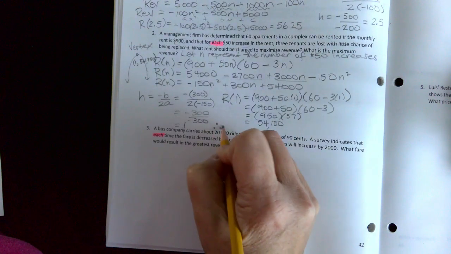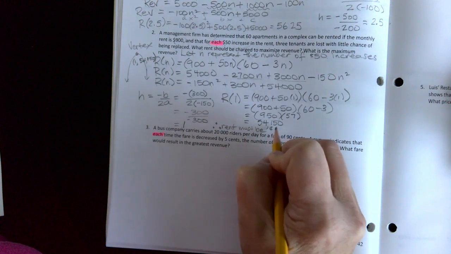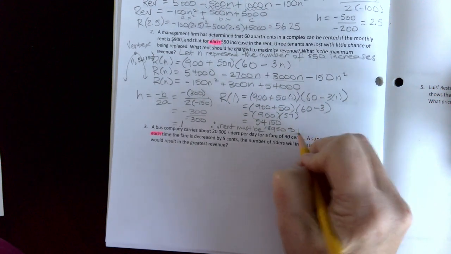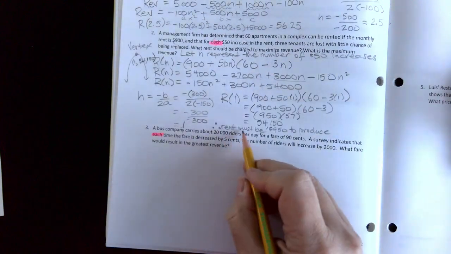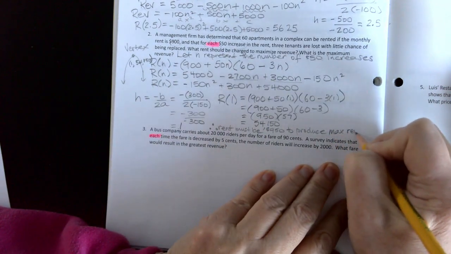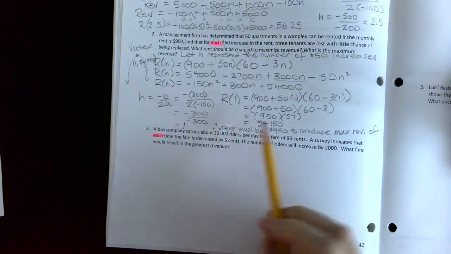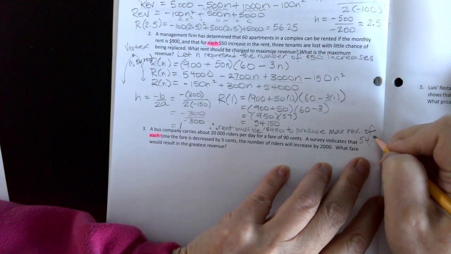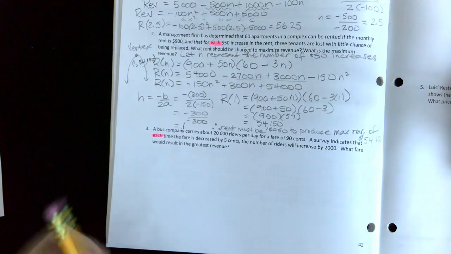So rent must be $950 to produce. I'm going to do my let statement for both of these questions in one. Rent must be $950 to produce maximum revenue of, and that's where you need your Y value, or K, which is 54,150. Done.